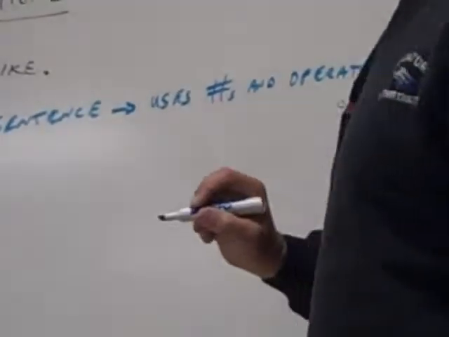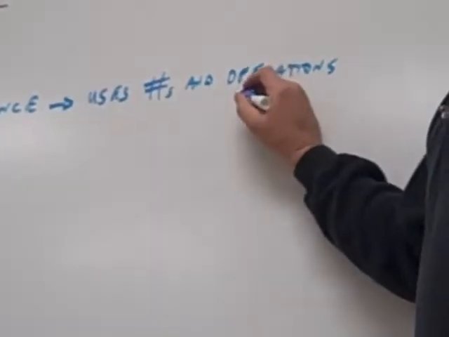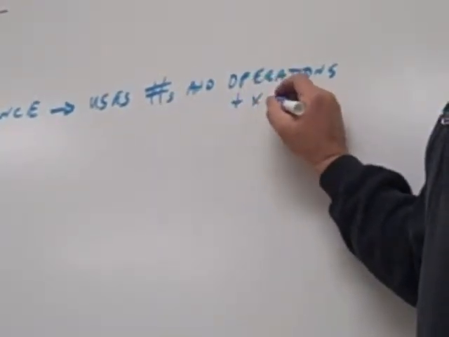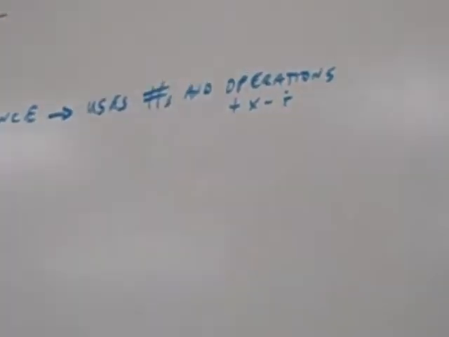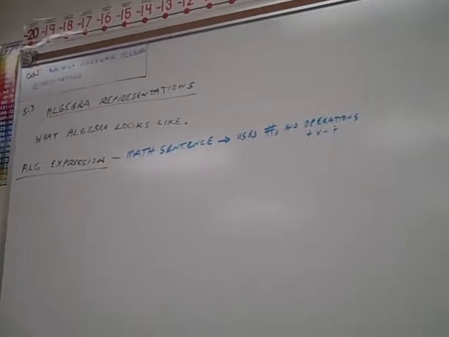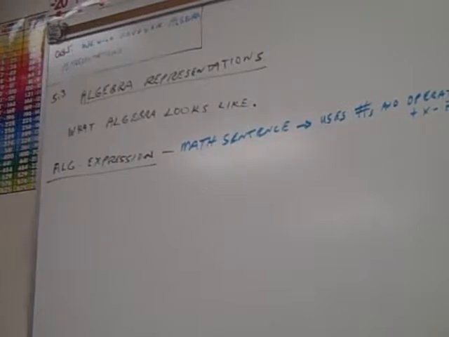Operations. And what do we mean by operations? Operations is the plus, the minus, the divide, the square root, the cube root, the other stuff. Squaring. That's what we mean by operations.